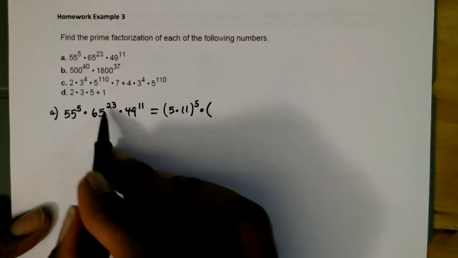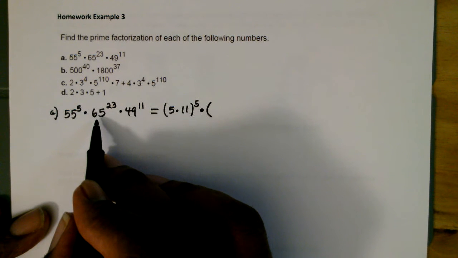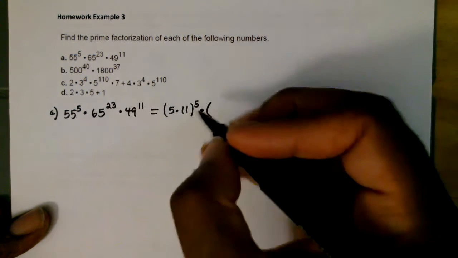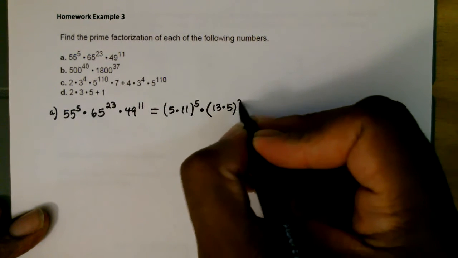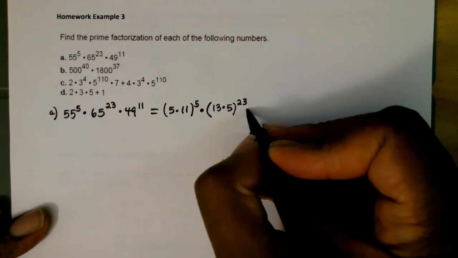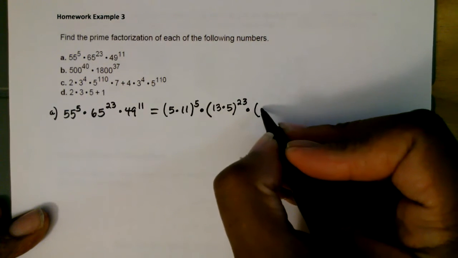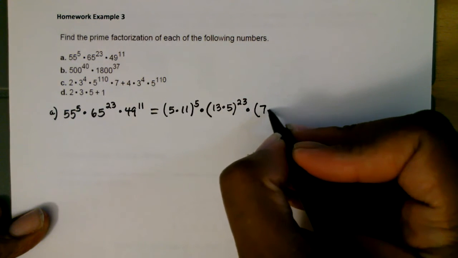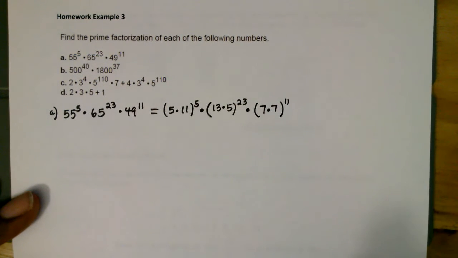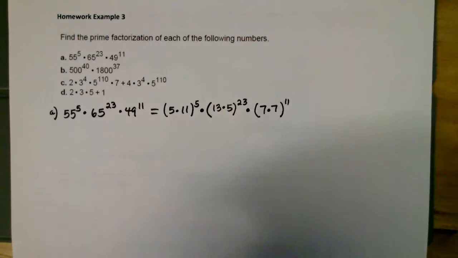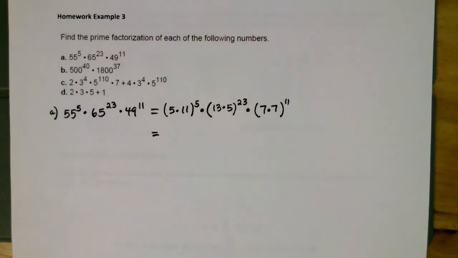Times that 65 is 13 times 5. 13 and 5 are prime, so this would be to the 23rd power, times, now 49 would just be 7 times 7, and that's raised to the 11th power. Now I'm going to be using the rules for exponents here that I did talk about back in chapter 3.